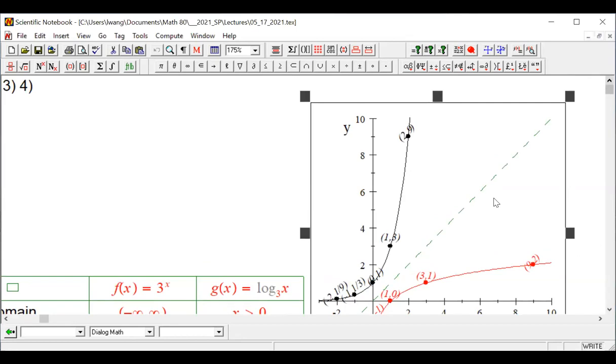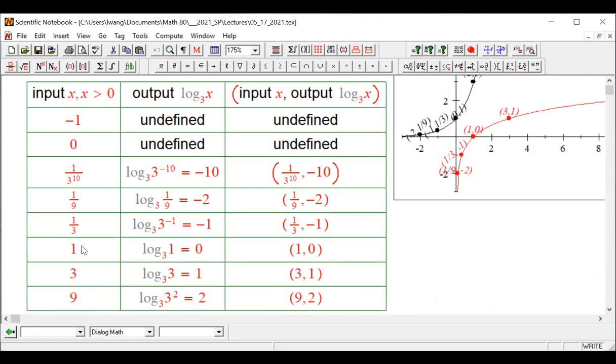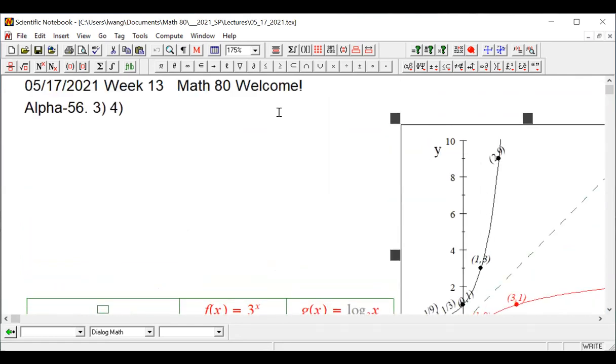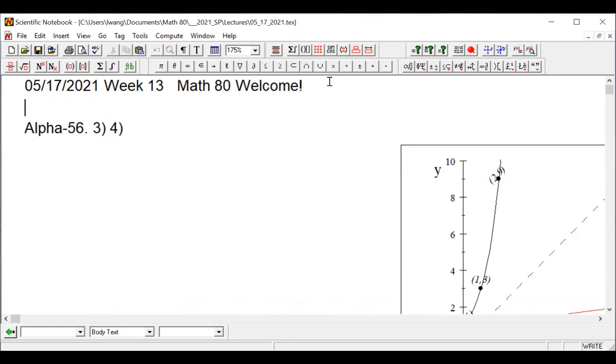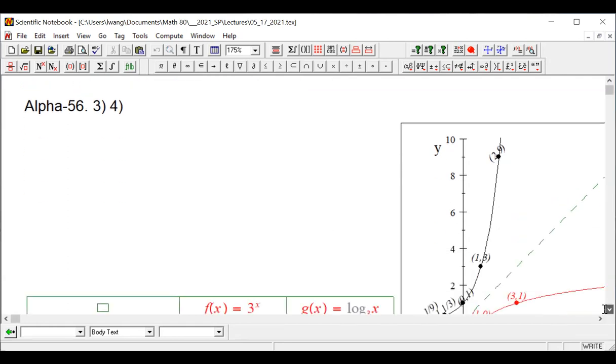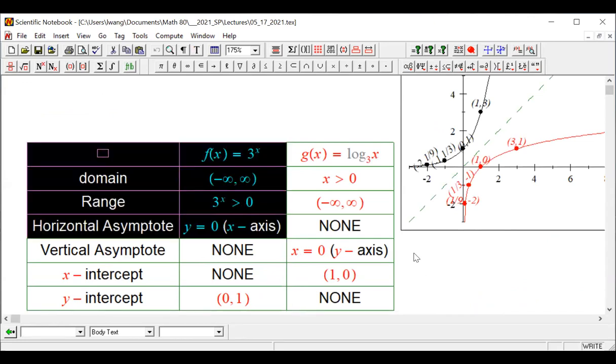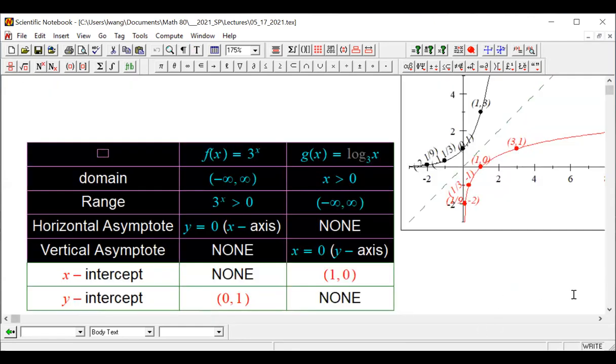By this time, we have noticed a lot of interesting facts, right? The symmetry. Before we do the E, let's recap. I'm going to bring the important facts.